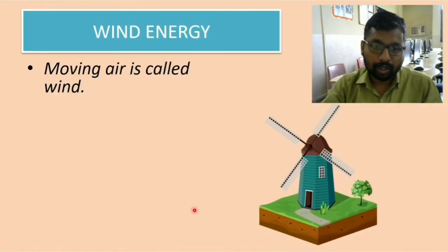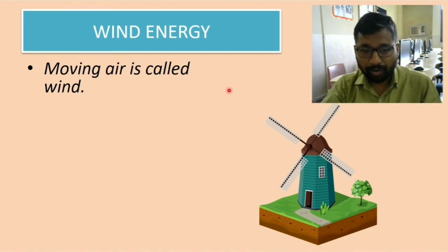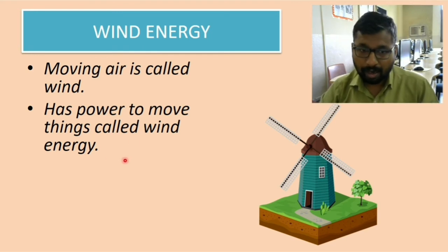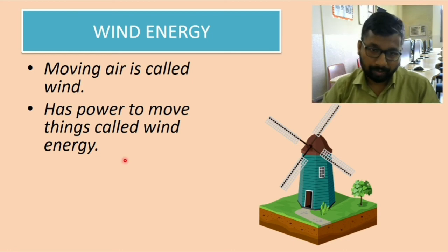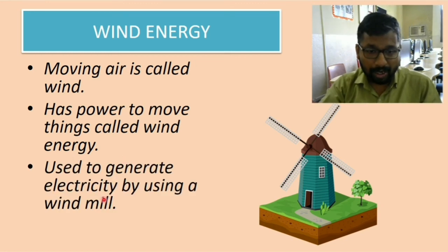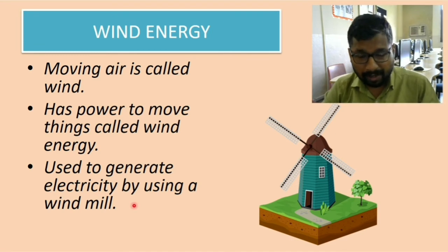Then comes wind energy. Moving air is called wind, and it has the power to move things, which we call wind energy. It is used to generate electricity by using a windmill. So you might have seen windmills in many places.